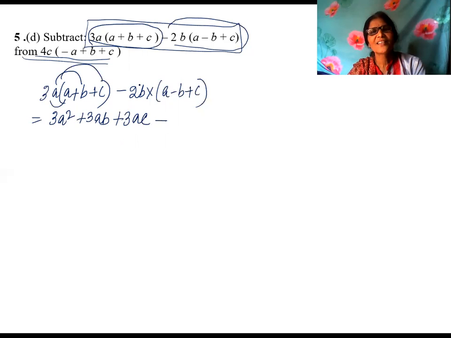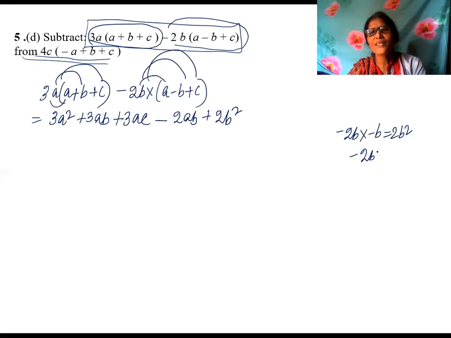Subtraction. It will be how much? 2b into a, minus 2ab. Minus 2b into minus b gives you plus 2b square. Then 2b into c, minus 2bc.